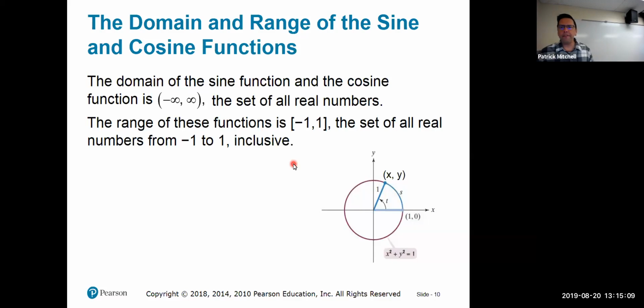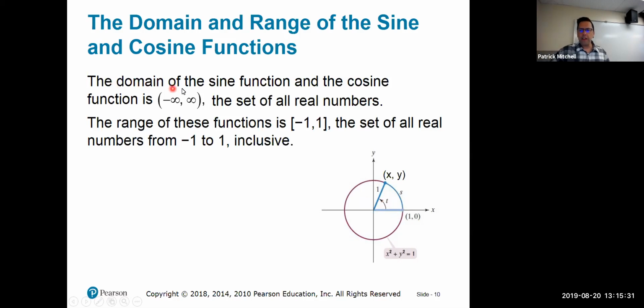Okay, so now we have the domain and the range of the sine and cosine functions. So I'm going to point at this picture here a lot. And remember that the input for the sine or cosine function is this arc length. Or you can think of it as the angle, it really doesn't matter.